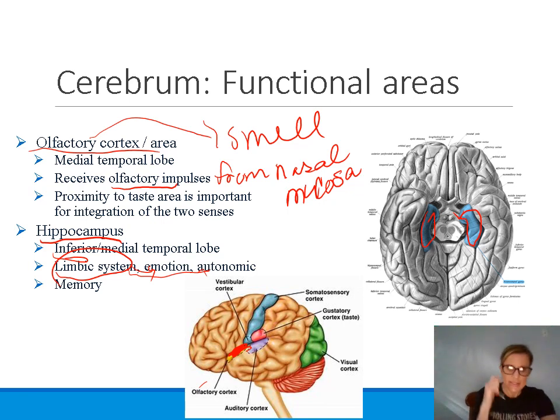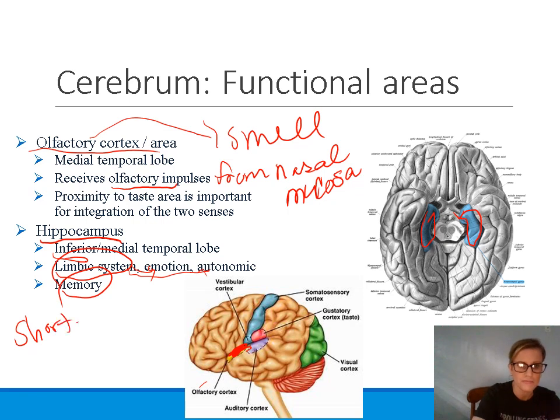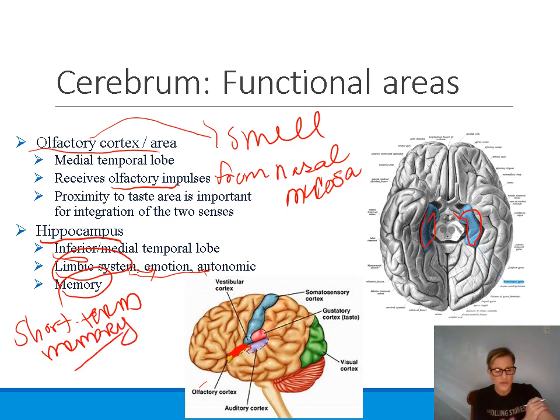The hippocampus, again, has important functions in memory, specifically short-term memory. Long-term memory is stored in other regions around the cerebrum.